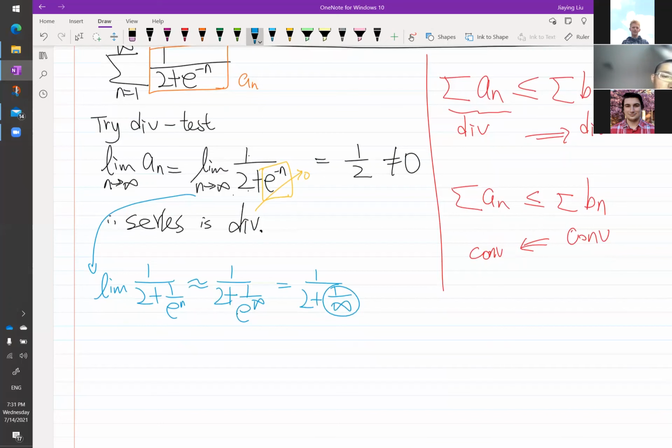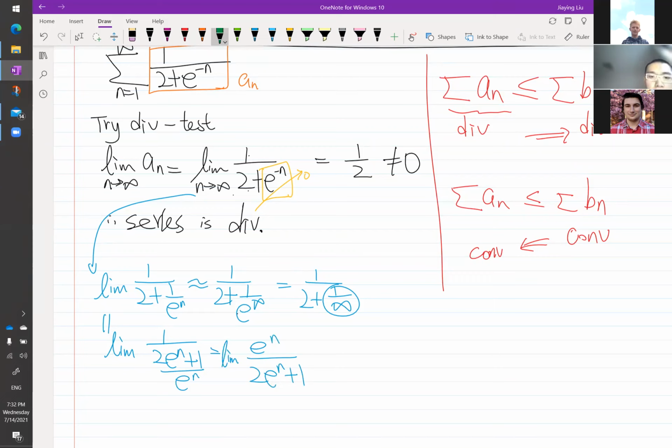If you didn't do that, you probably think, oh, why can't I just somehow bring the e to the n to the numerator? Yes, you could, but if you do it correctly, you should end up with 1 over, so basically multiply by a common denominator in the denominator, so that's 2e to the n plus 1 divided by e to the n, right? So that's e to the n over 2e to the n plus 1. And take the limit, right?